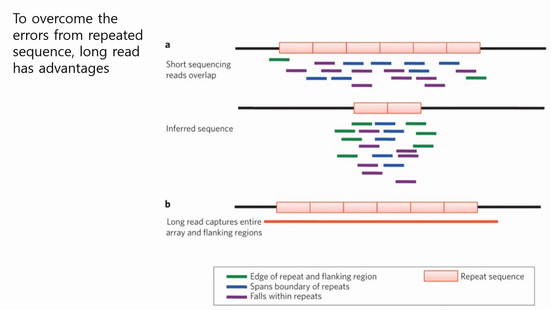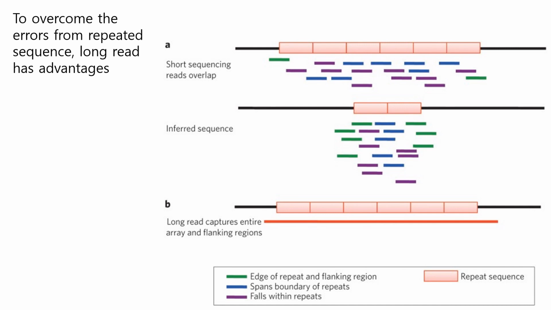In the case of some repeated sequences, short-read sequencing can miss the number of repeats. As you can see in this figure, there are 6 repeats. If you use short-read sequencing, your result will tell there are just 2 repeats.